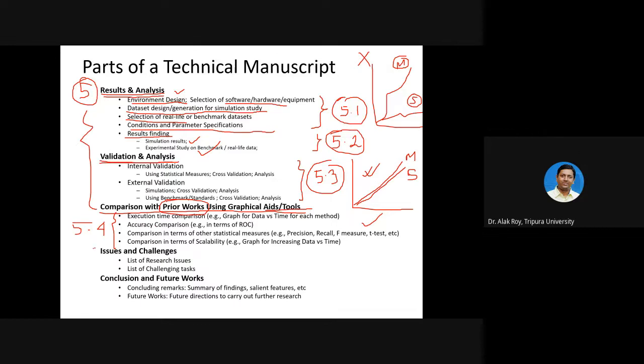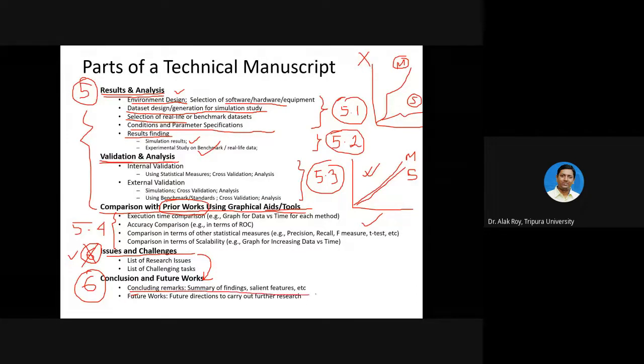Then if you can identify some future challenges, like issues and challenges, you can mention it in a separate section 6. Or sometimes people merge these issues and challenges with the result part, or sometimes with the future work, depending upon the write up. So I just suggest students use section 6, conclusion and future work. You conclude your paper where you have to summarize your findings with features.